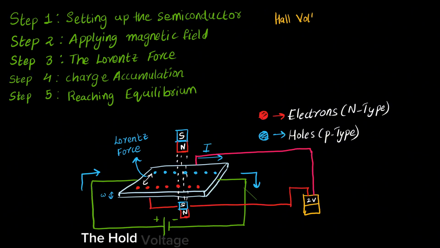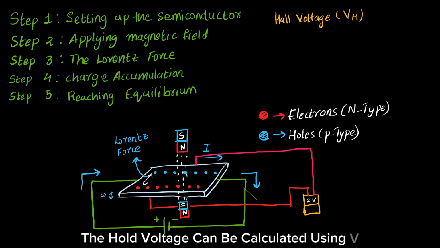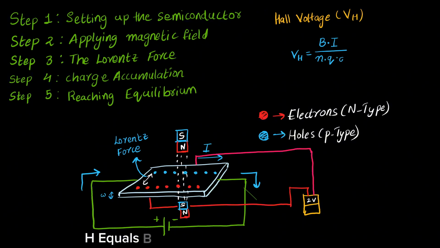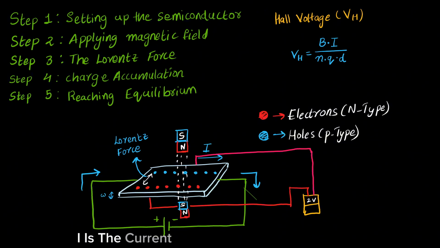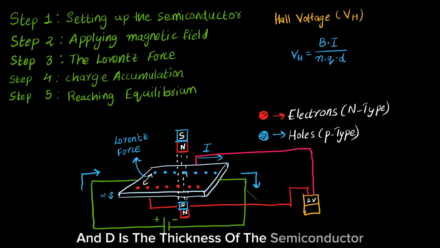The Hall voltage can be calculated using VH equals B times I over N times Q times D, where B equals the magnetic field strength, I is the current, N is the carrier concentration, Q is the charge of carrier, and D is the thickness of the semiconductor.